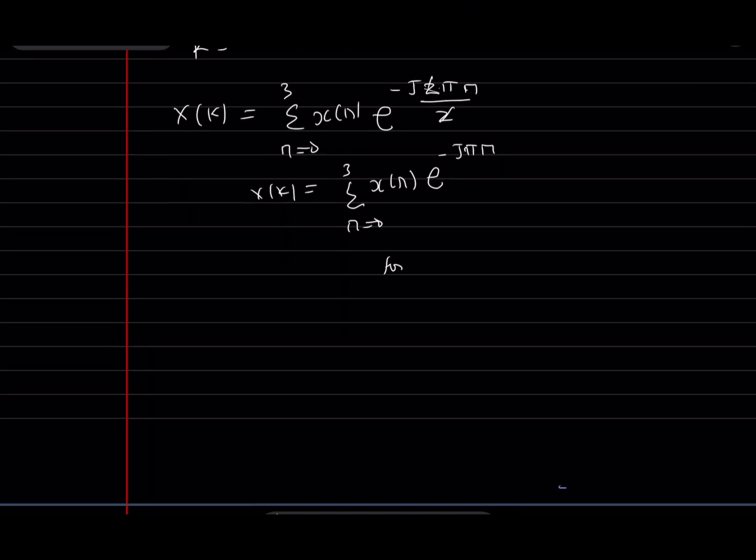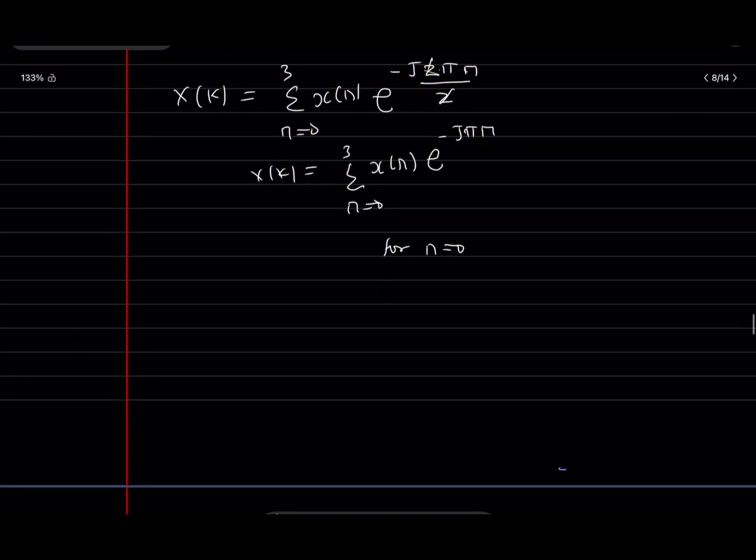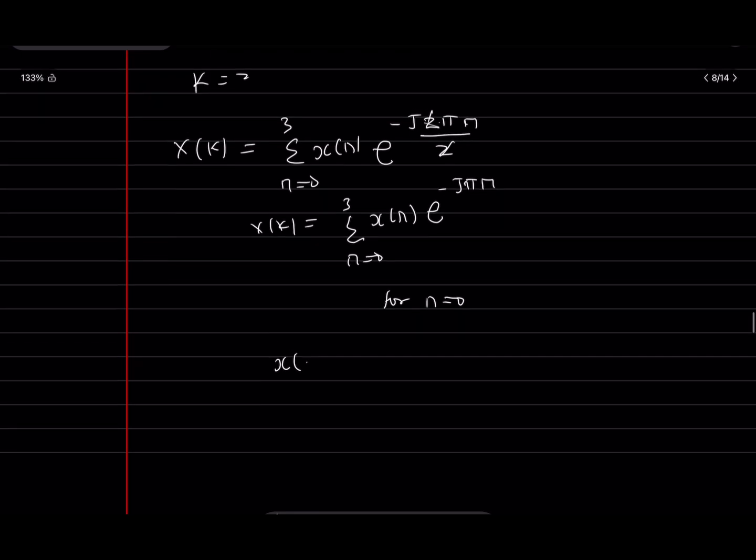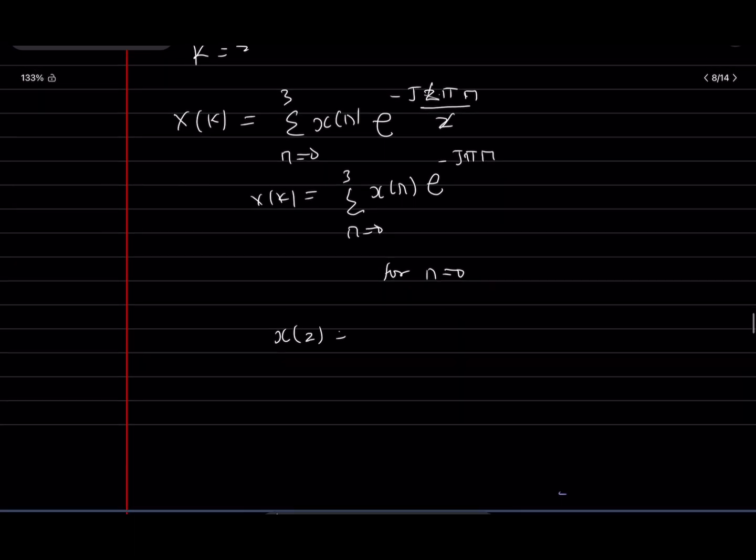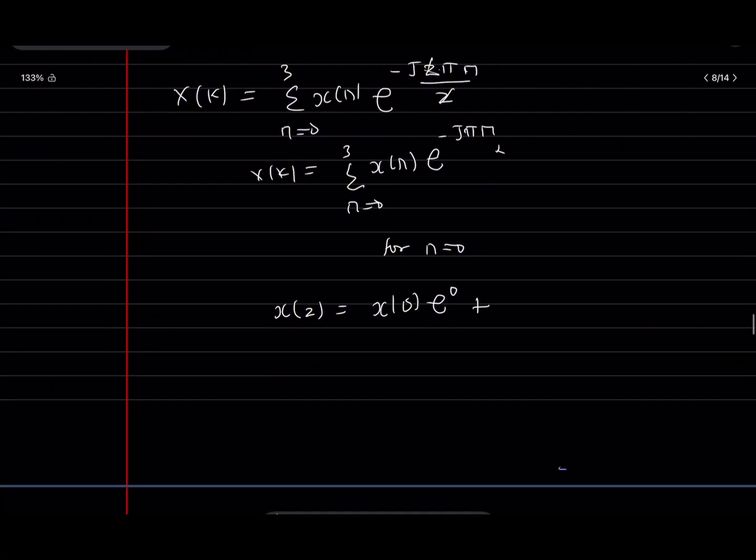For n equal to 0, we are going to get x of k, and now the k is 2, is equal to x of 0, right? Exponent, because n is 0, we are going to get 0, plus, now when n equal to 1, x of 1, and then when n is 1, we are going to get exponent negative j pi, plus x of 2.